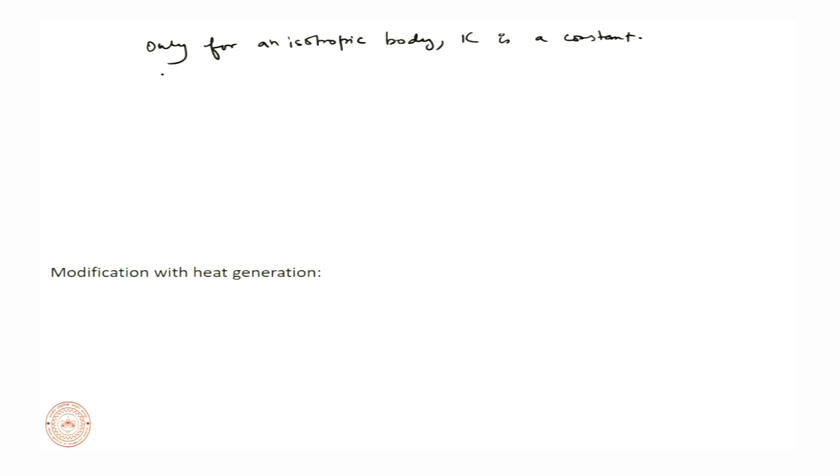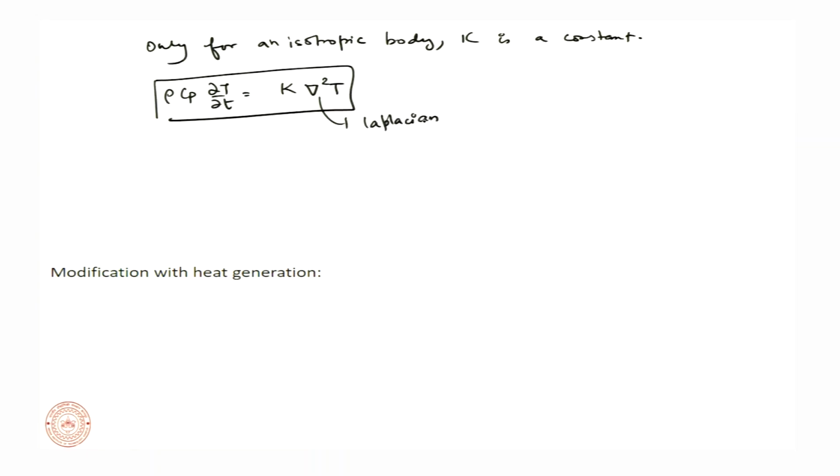Okay. So, if that is the case, and if rho Cp are also constant, then rho Cp del T by del t equals K del square T. This is our well known heat transfer equation. The del square is the Laplacian. Okay, and del by del t.